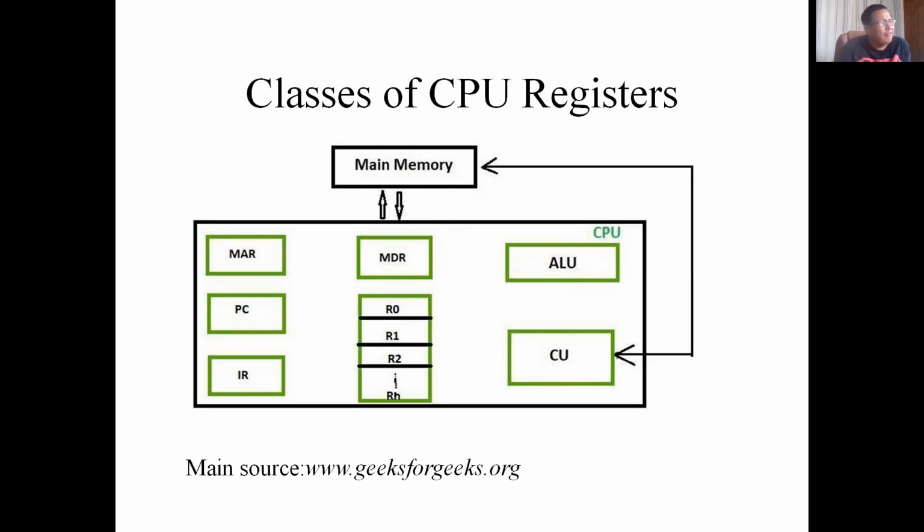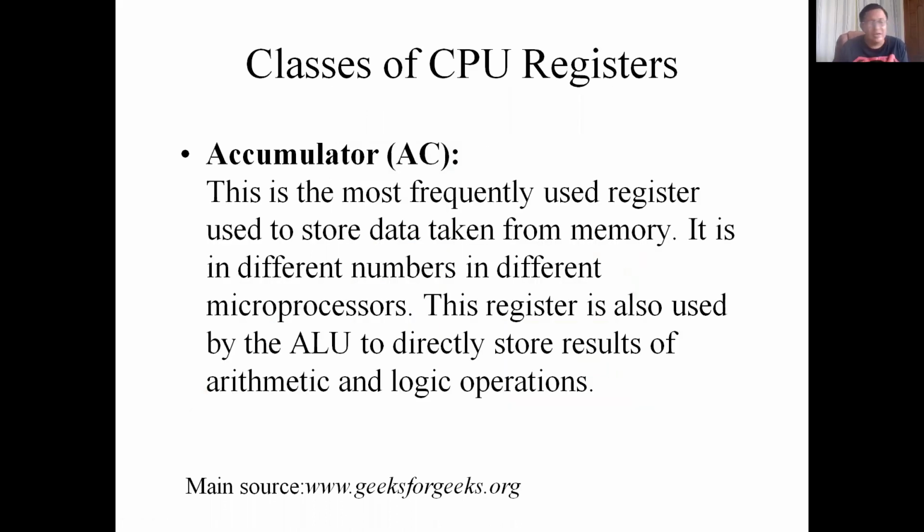Okay. What are the different types of CPU registers? First, the very common one is called the accumulator. Any load and store uses the accumulator, and the accumulator is directly connected to the ALU, the arithmetic logic unit. We know this already, starting from the IAS, or rather, where was the accumulator first invented? It's in ENIAC.